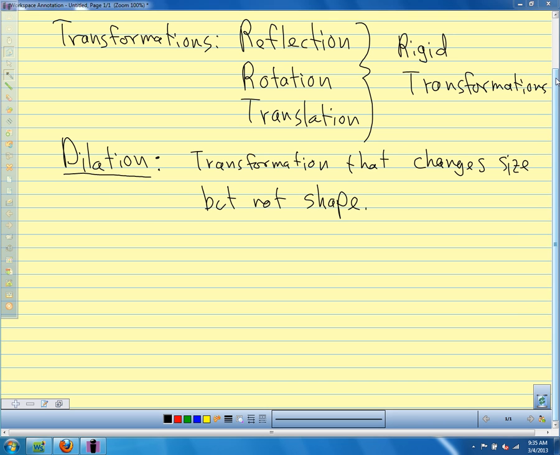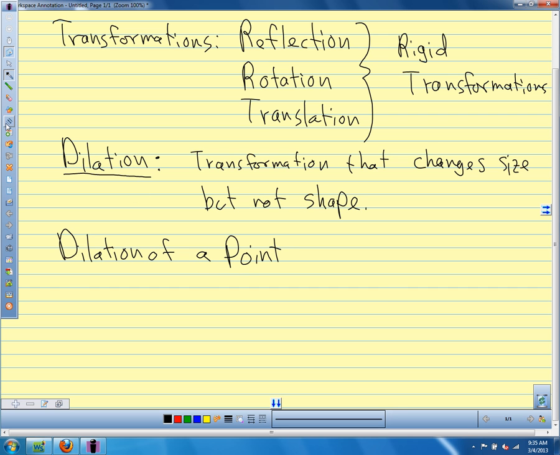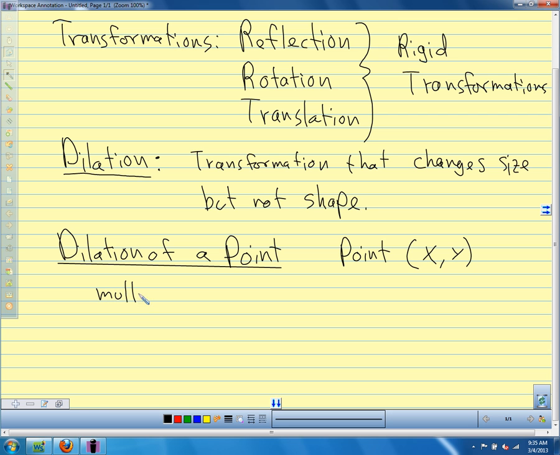So first thing we're going to do is talk about how we dilate a point. Dilating a point is very easy. So to dilate a point, we have a point with coordinates x, y. So this is our point on our graph. To dilate a point, all we do is multiply x and y by some number n.